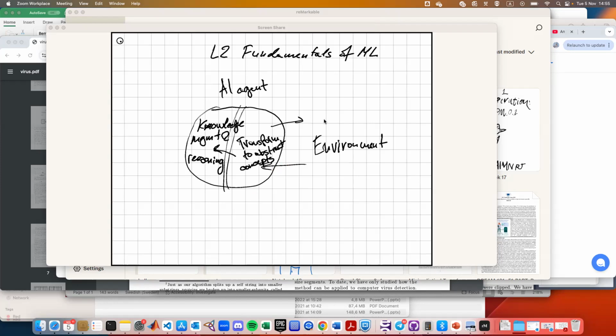Here, if we zoom in, we sample the environment and convert it to data.